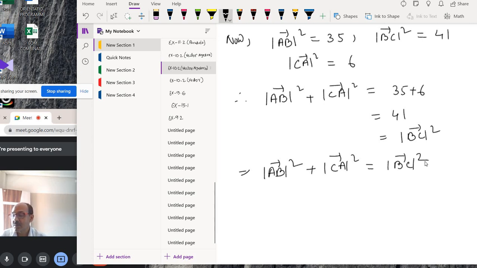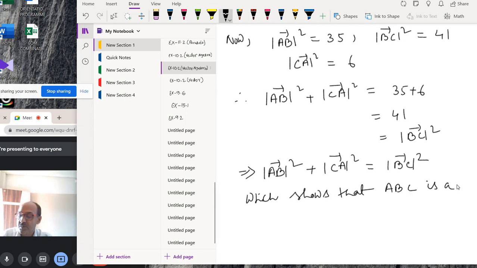Okay, which shows that ABC is a right angled triangle.